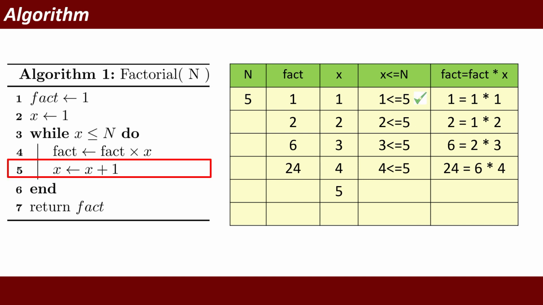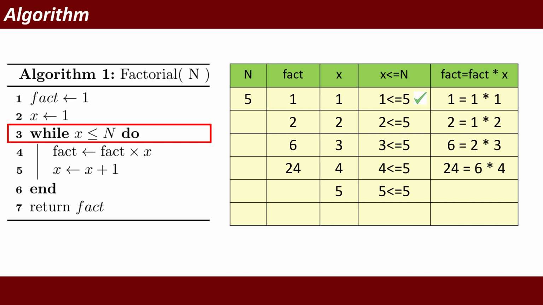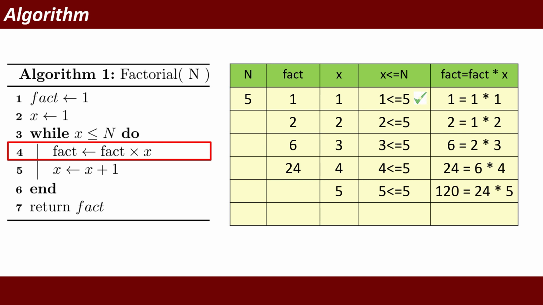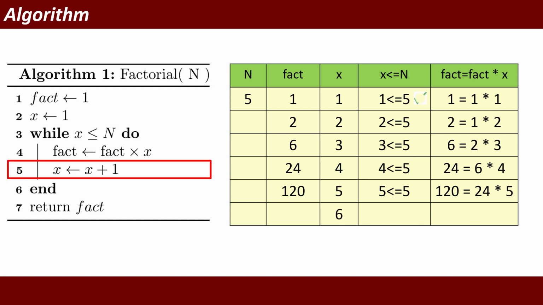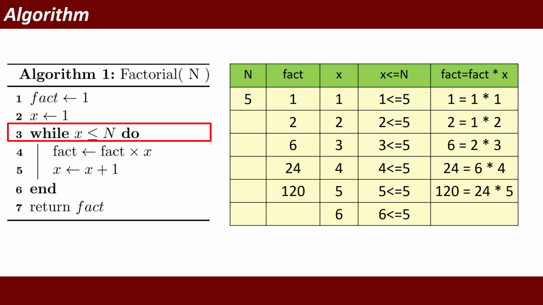Then it will move to the next statement, that is x equal to x plus 1. Now the value of x will become 5, and then it will check the condition. 5 is less than or equal to 5. Yes, it is true. Now 24 times 5 gives you 120, where 24 is the value of fact and 5 is the value of the variable x. Now fact contains the value 120, and then it will move to the next statement, that is x equal to x plus 1. Now the value of x will become 6.